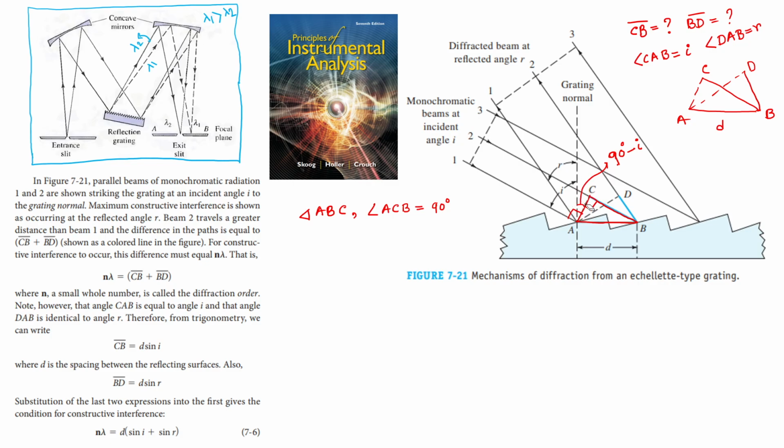This angle is 90 degrees, and this angle is 90 degrees minus I, because this is I, this is 90, so this part remains. So that is 90 minus I. What about this angle?